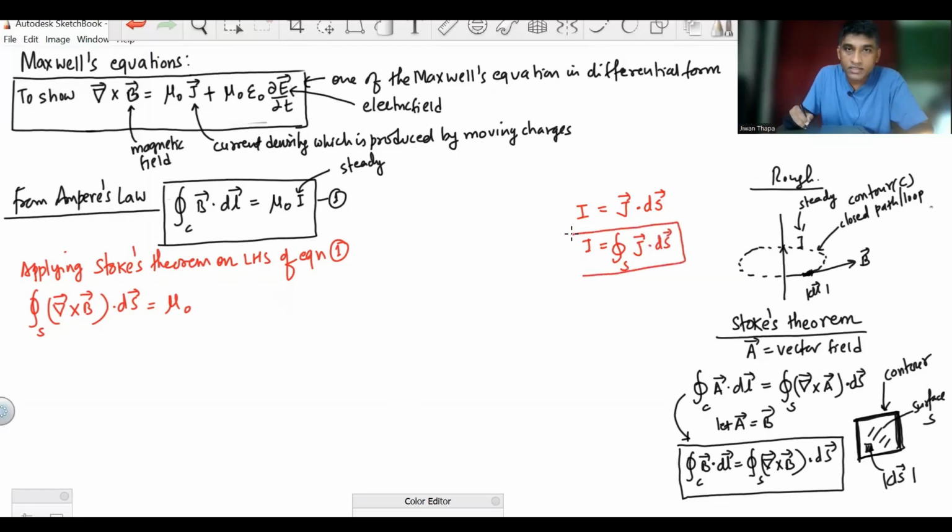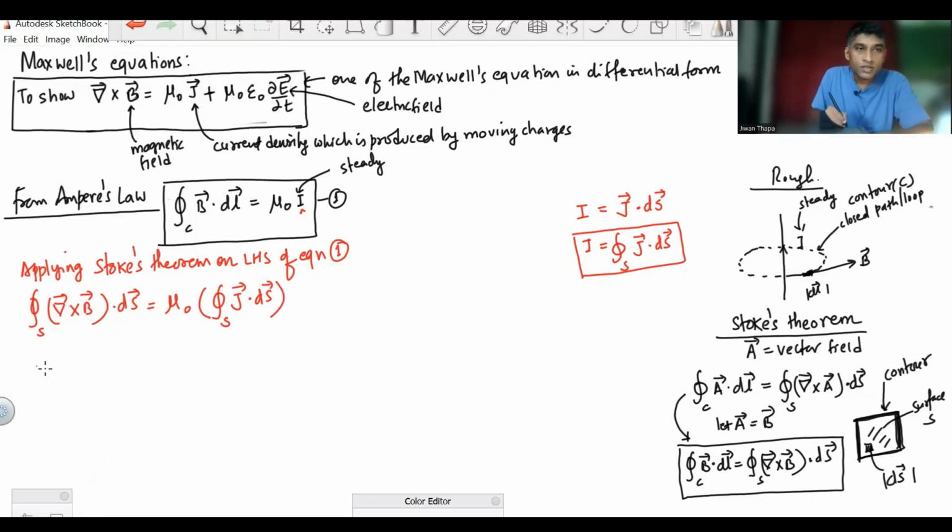So we can replace this current by this integral. So we can write in this way.